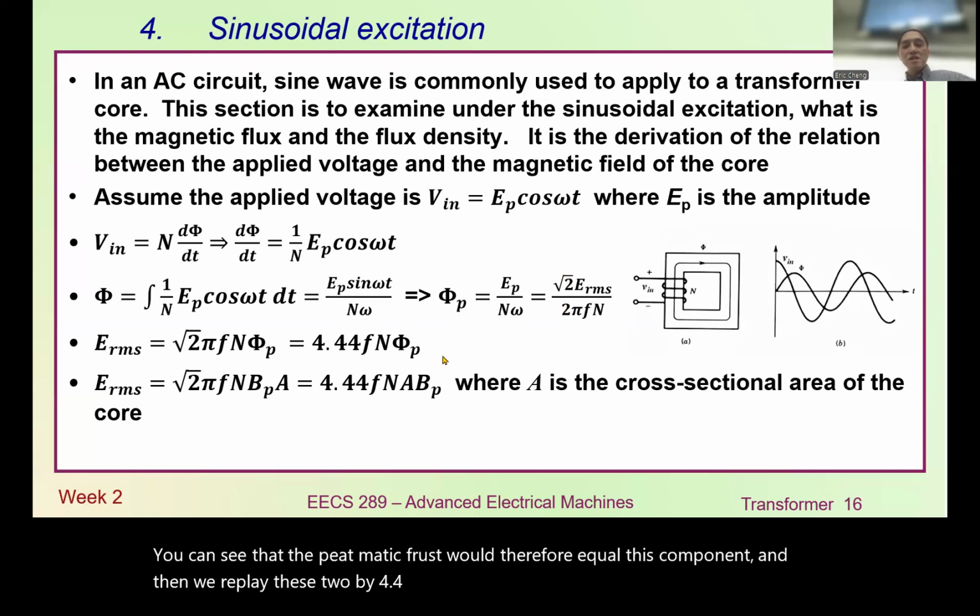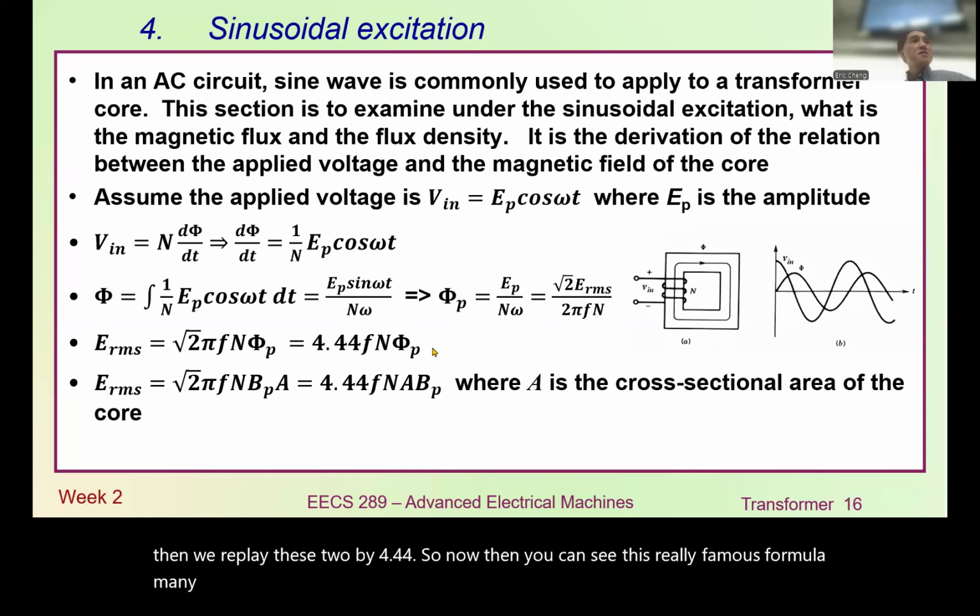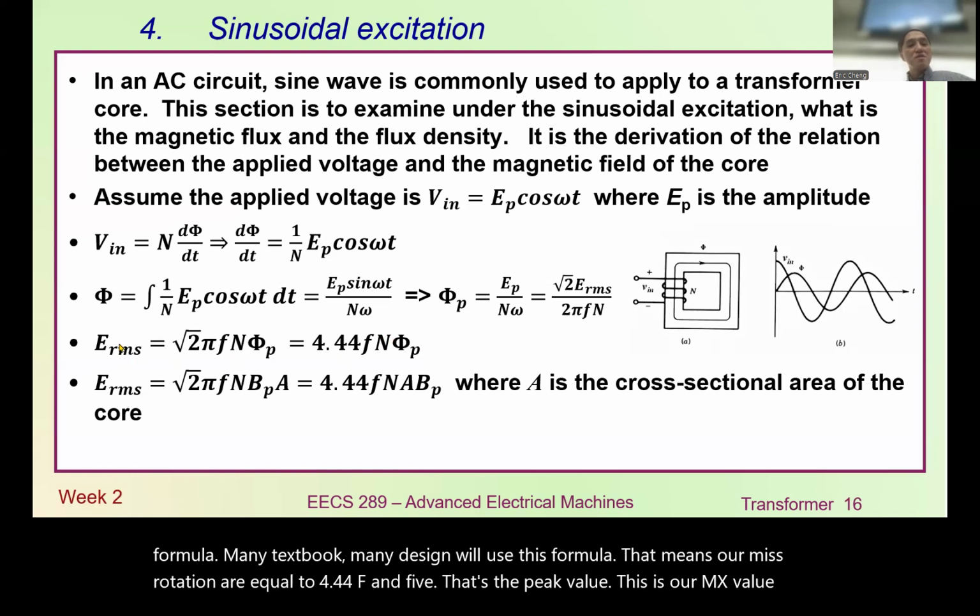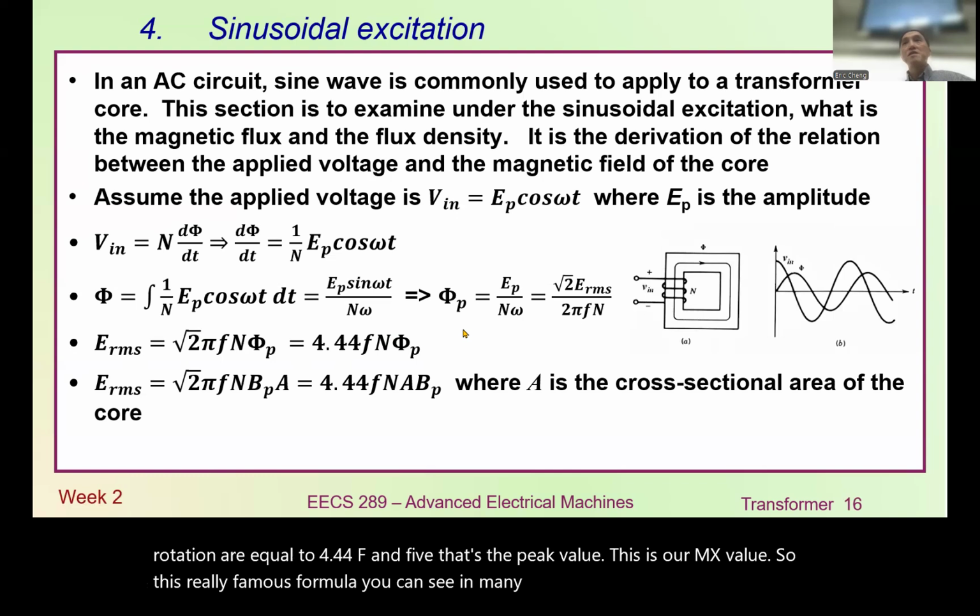So now you can see this really famous formula. Many textbooks and many designs use this formula. It means the RMS voltage is equal to 4.44 f n phi. That's the peak value, and this is the RMS value. You can see this really famous formula in many textbooks. Probably in your undergraduate you learned this formulation.